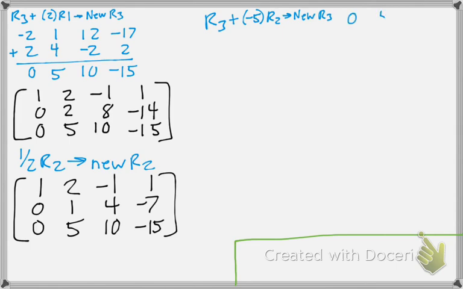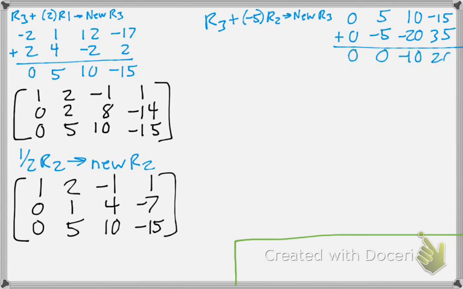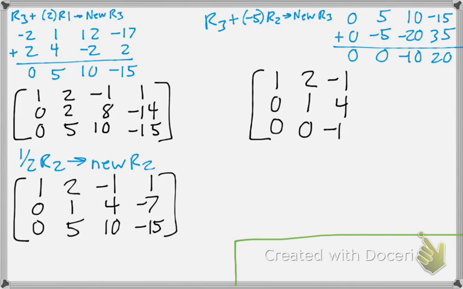So that's 0, 5, 10, -15, and 0, -5, -20, 35. So I get 0, 0, -10, and 20. So that's my new matrix. Again, we only update one row at a time.